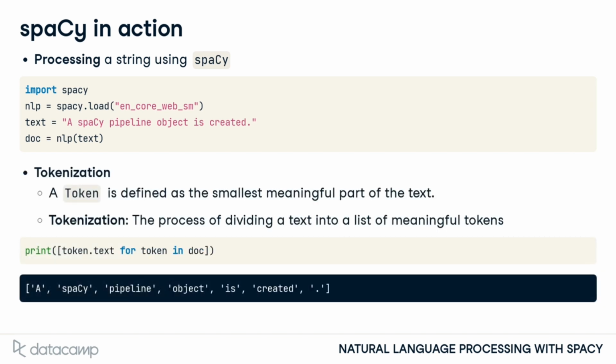Now we can utilize list comprehension to print all tokens of the input text by using token.text for token in doc. A token is the smallest meaningful part of a text. The process of dividing a text into a list of meaningful tokens is called tokenization.